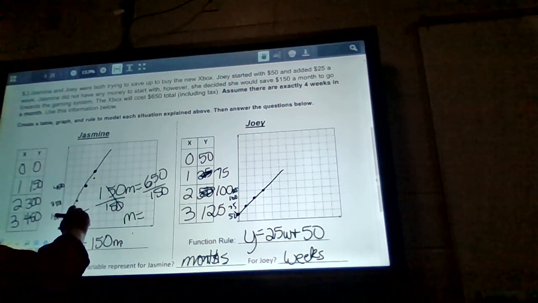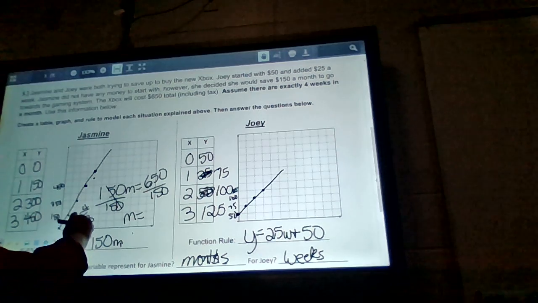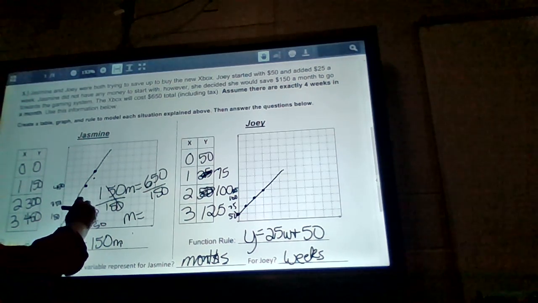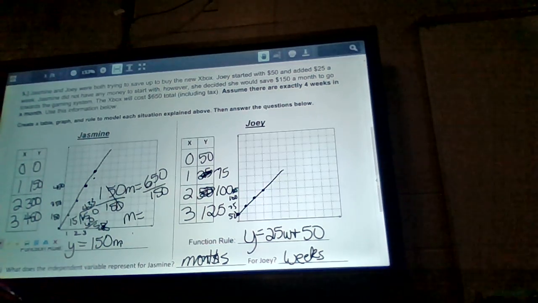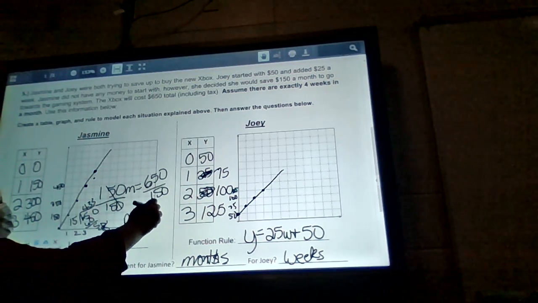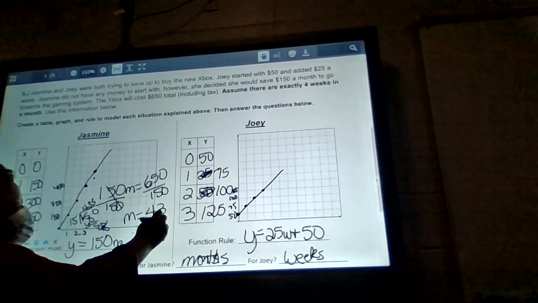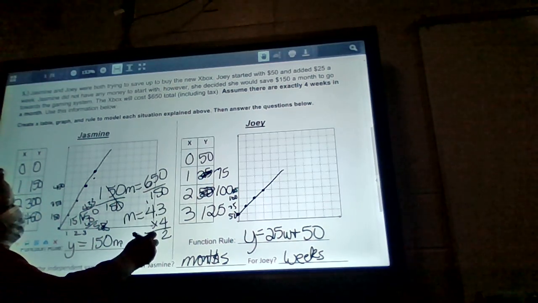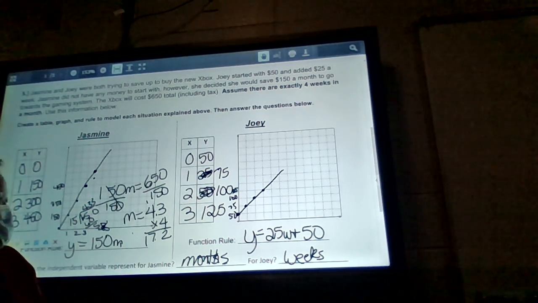Somebody. Is it 6? 15 times 4 is 60. 5. 15. So she's going to, in 4.3 months, but it says 4 weeks in a month. So in weeks, that's going to be about 17.2 weeks. We said 18 weeks.